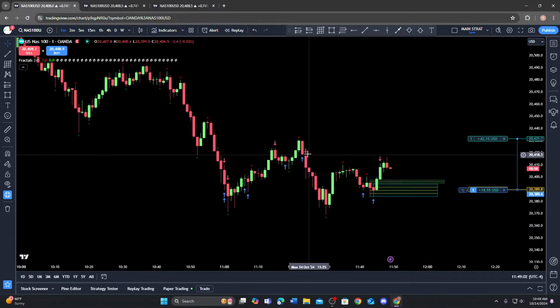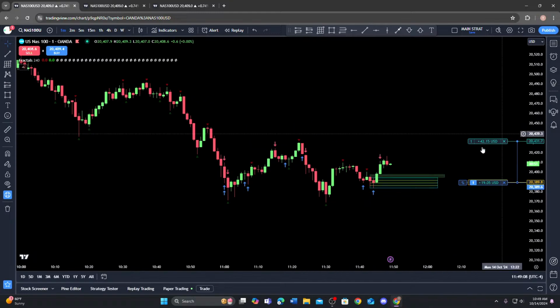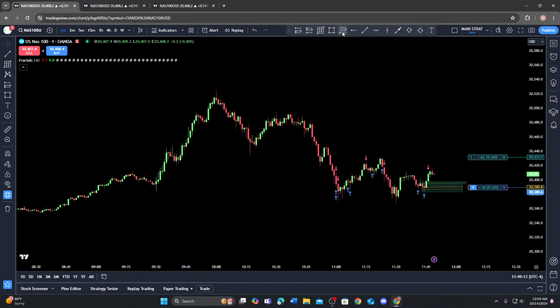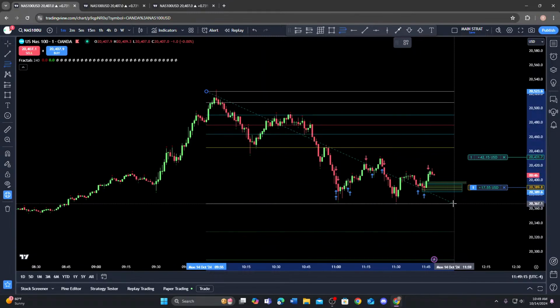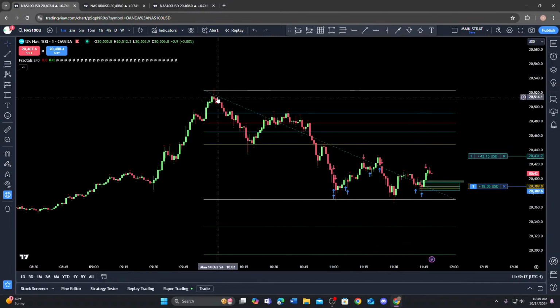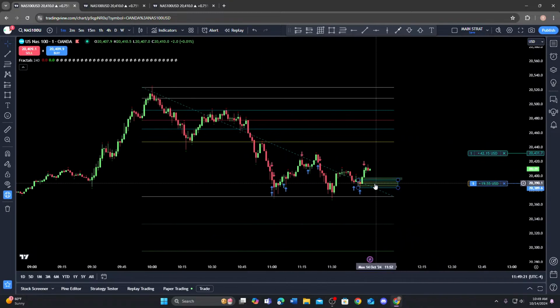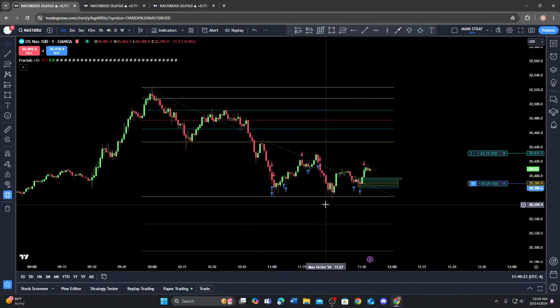We have a volume imbalance and a fair value gap, but where are we at in price? I'm talking to myself here, but we are at a discount inside this range.